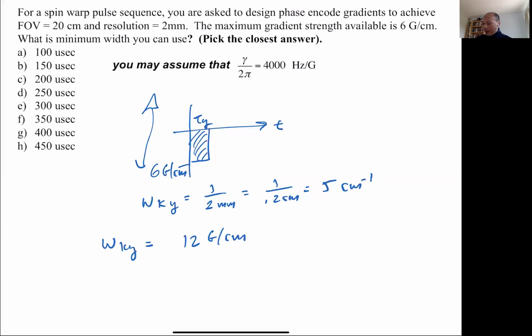Okay, we have our gamma over 2 pi times tau sub y. So we have 5 equals 4,000 times 12 times tau sub y.